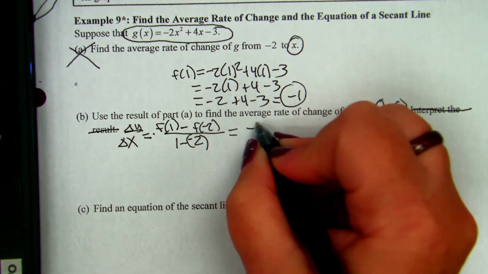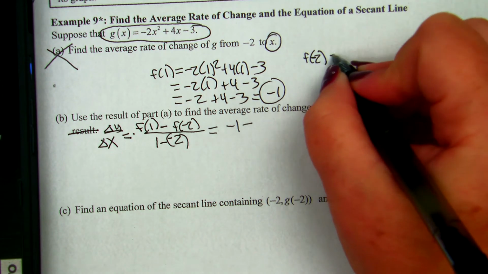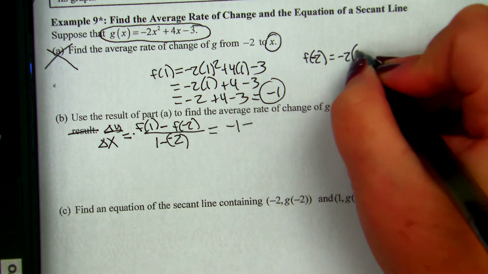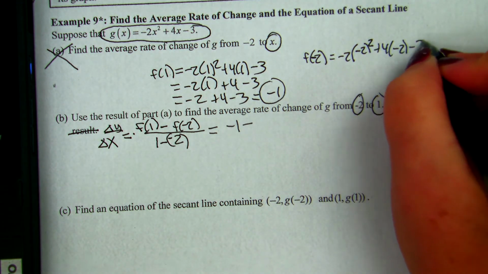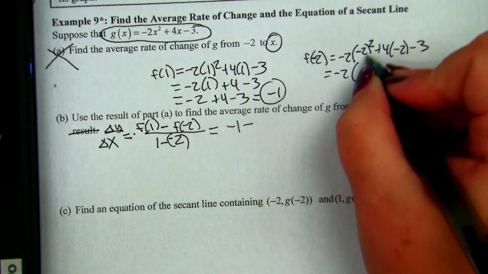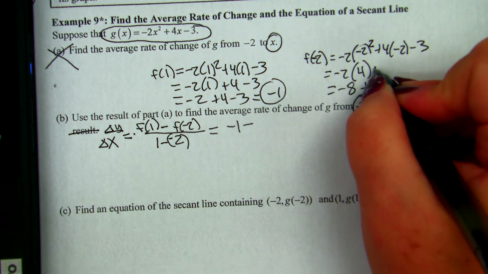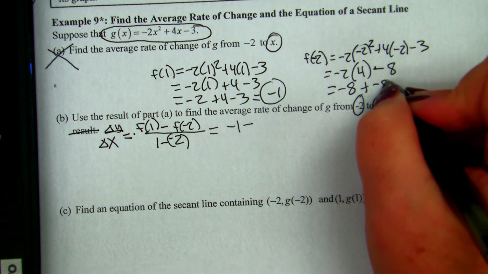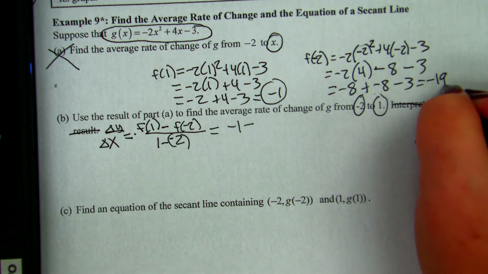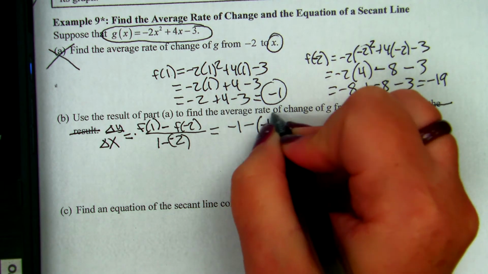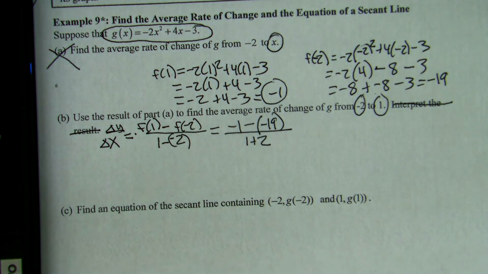So we get -1 minus f of -2, which is -2 times -2 squared plus 4 times -2 minus 3. -2 squared is 4, so it's -8 plus -8 minus 3. -16 minus 3 is -19, over 1 plus 2, because 1 minus -2 is positive 3.